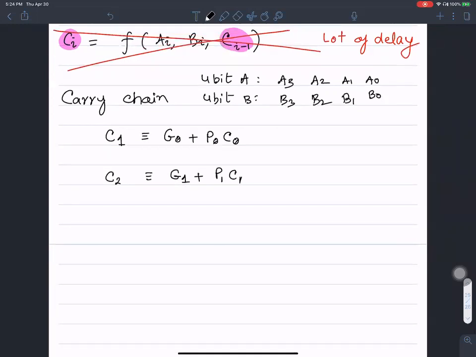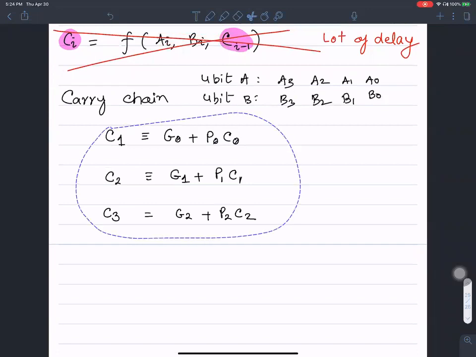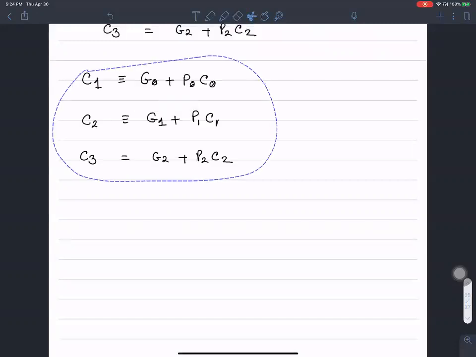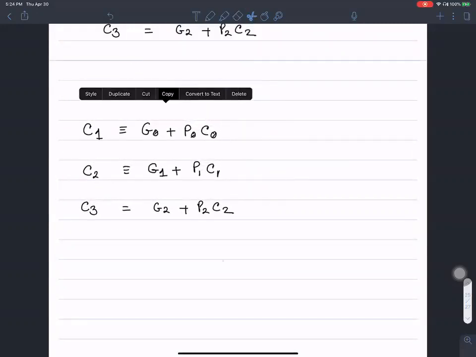If you want to calculate C3, that is defined as G2 plus P2 times C2. So these are the expressions for carries. Let me copy them here. So this is a regular carry.